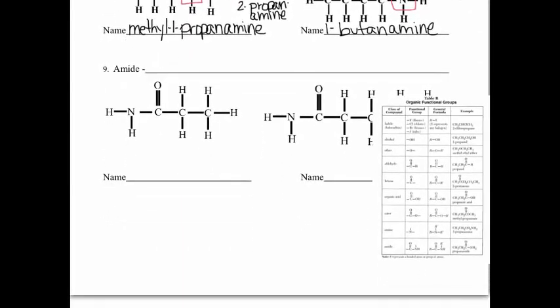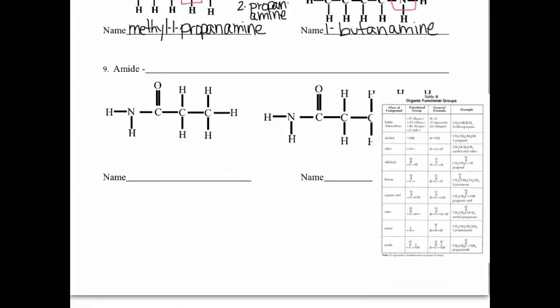Last ones, we have amides or amides. I don't care how you say it, either way. With an amide, you have a carbon with a double bonded oxygen, which is also bonded to a nitrogen. Keep in mind that nitrogen can have up to 2 chains on it, and the carbon could have more carbons after that. So it can get kind of complicated.